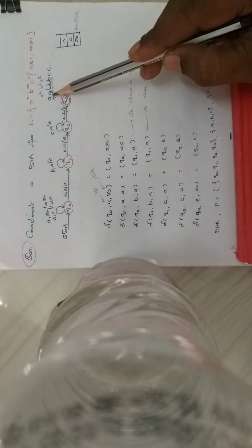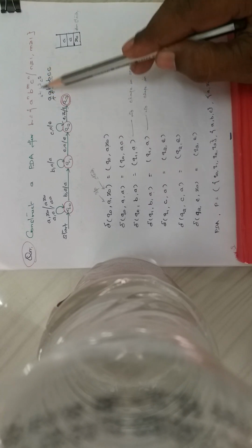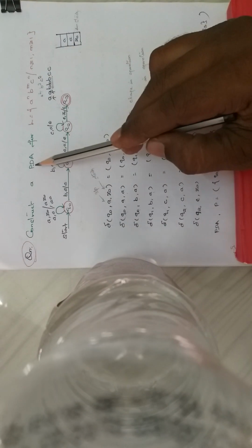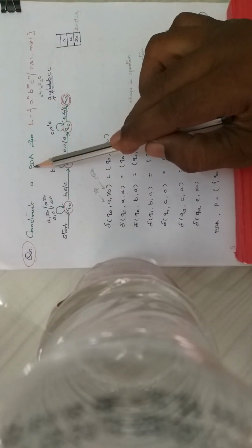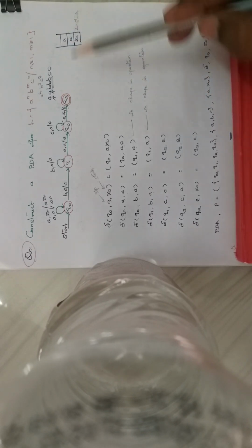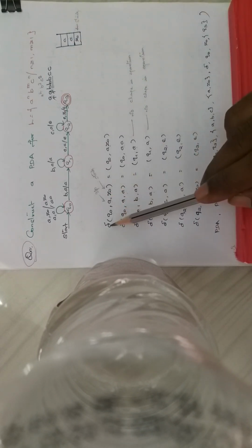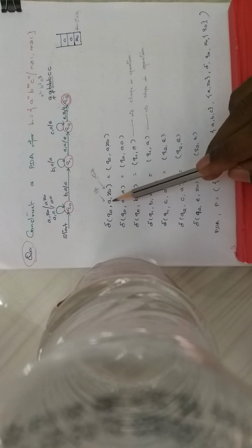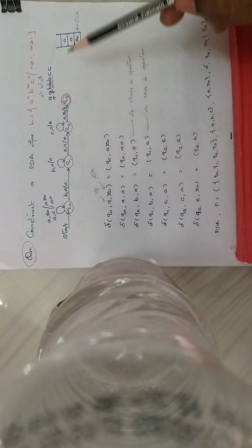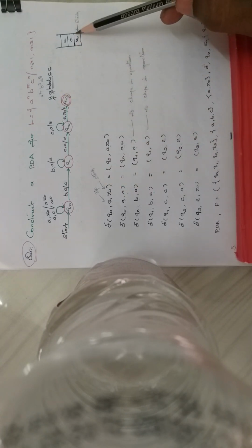Now we are going to consider this input and also the stack. While constructing the PDA, you are supposed to consider the inputs and also the stack. Here you can construct the transition function. Let us consider the input, that is the first a, and from the stack the top of the stack is Z0.